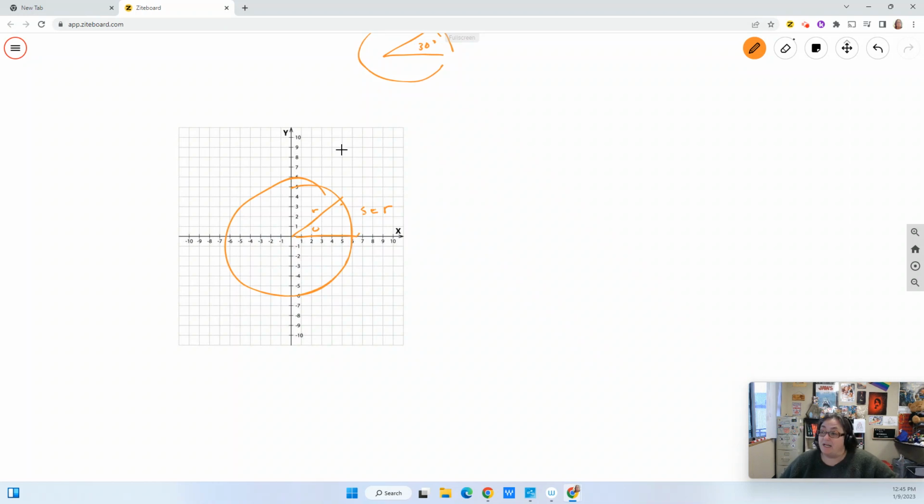And we're saying that a radian is if we take the length of this radius right here and wrap it around the circle. Let me change color so you can see what I'm getting at. This whole section right here is 1 radian.